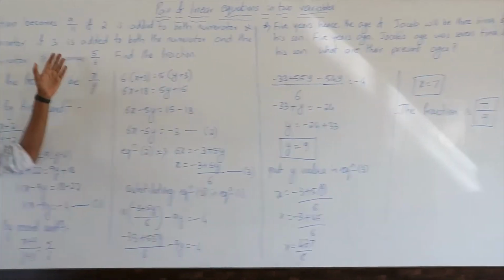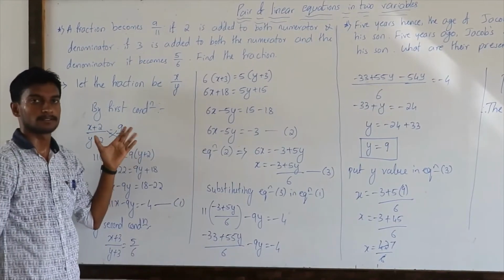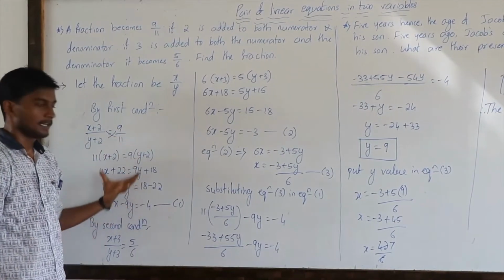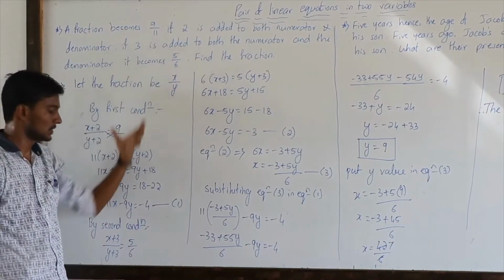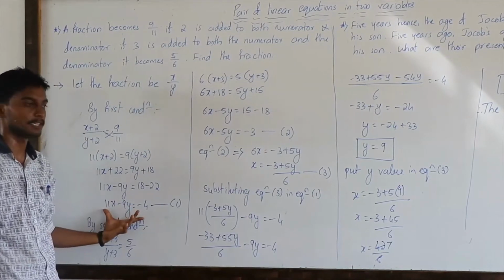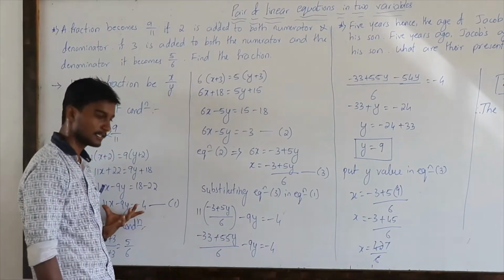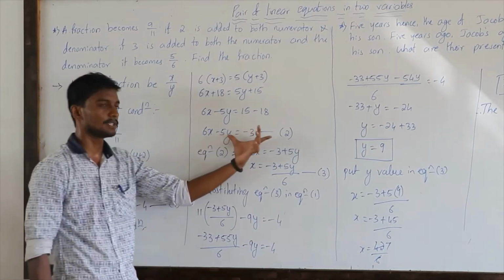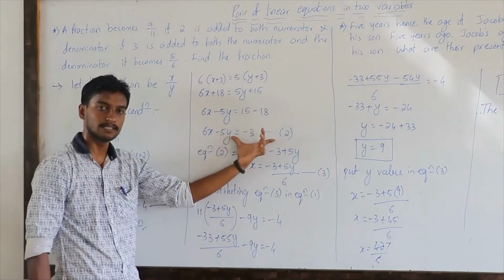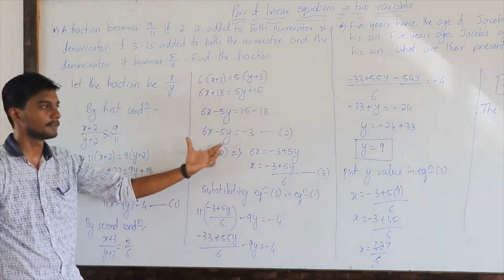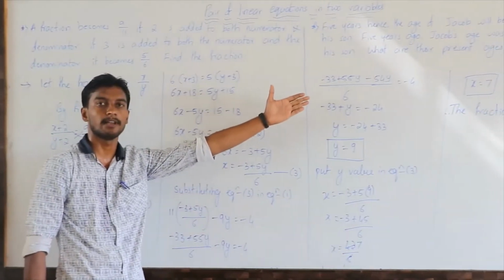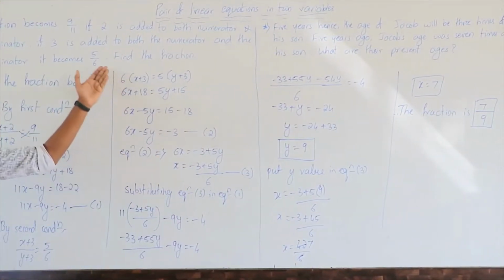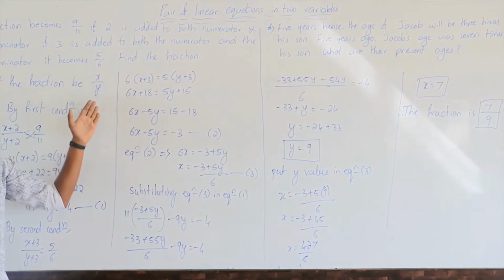There is one more problem like this that we have to solve. First we have to bring the statement into the form of linear equations in two variables. By using one condition we get one linear equation, and by using the second condition we get the second equation. By using both equations we get the x and y values, and we considered the fraction to be x divided by y.